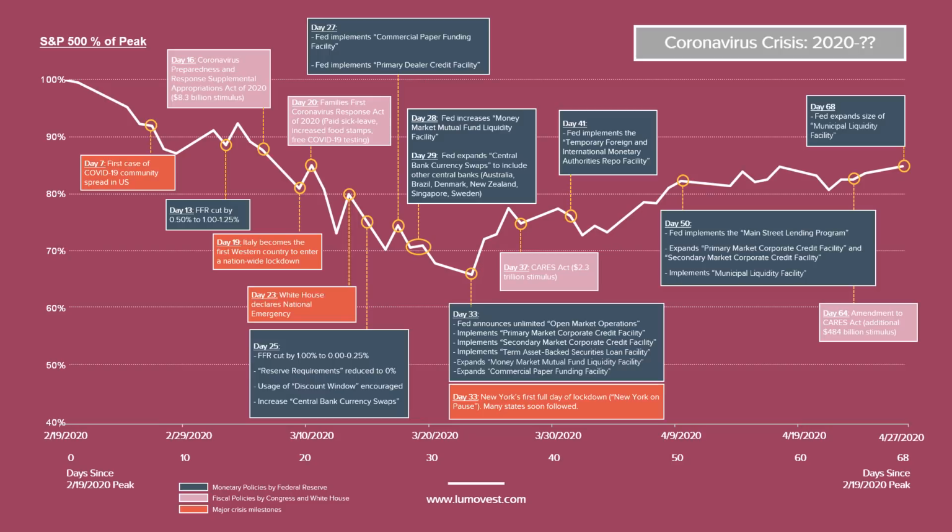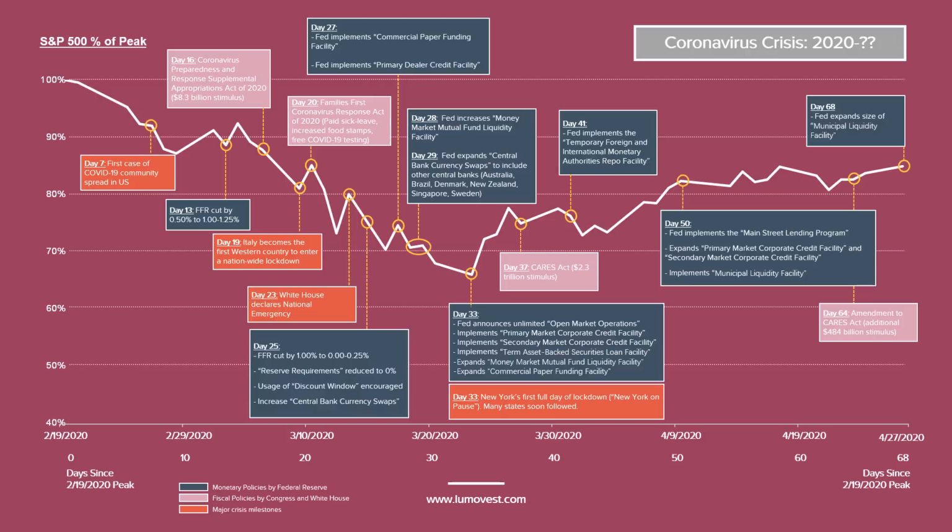The Fed implemented a ton of tools now, just like it implemented a ton of tools back when Lehman Brothers and other banks failed, when economic challenges became obvious. It's not like the Fed activated these tools in January or February in anticipation of the coronavirus crisis. So it's not definitive that the Fed acted faster this time around if we look at the timing of the Fed's actions relative to when major crisis milestones occurred.